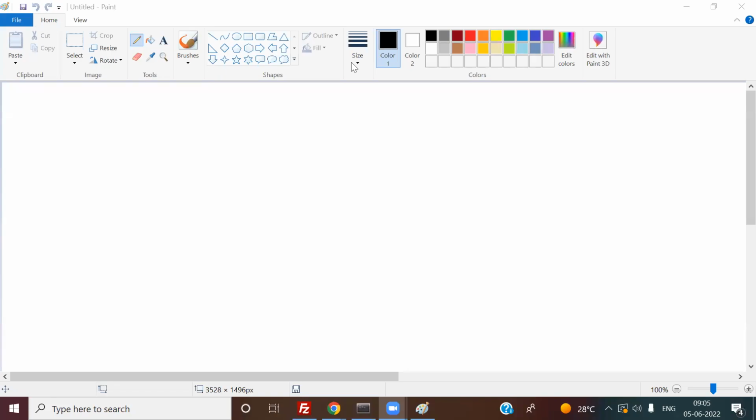Slope. I am sharing a screen. Is it visible to you? Yes. Okay, fair enough. So we were discussing slope. So basically, what is slope? For slope, we are using the formula y2 minus y1 upon x2 minus x1.